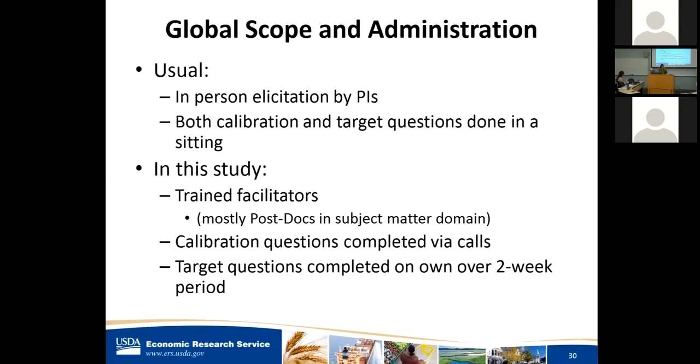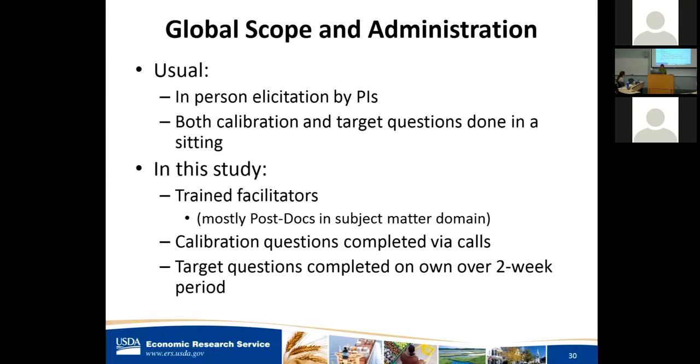It wasn't about knowledge, it was about how you give judgments when you're uncertain about something. And we controlled the information they had by having the questions answered on the phone with another person on the line, which would help limit any kind of cheating, looking up the answer.